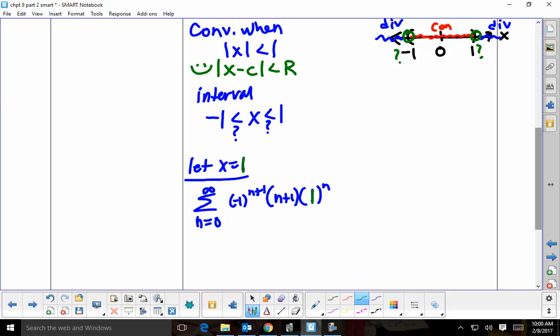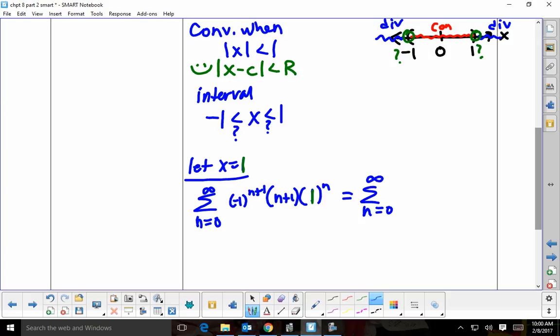Reduce this for me as much as you can. One to the n is just always what? 1.